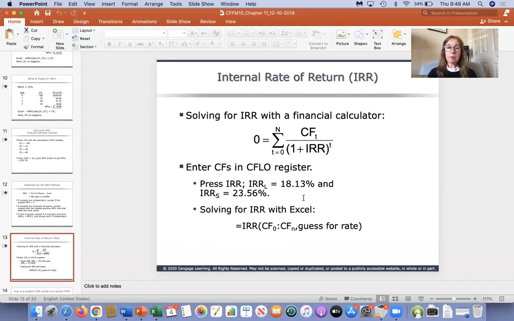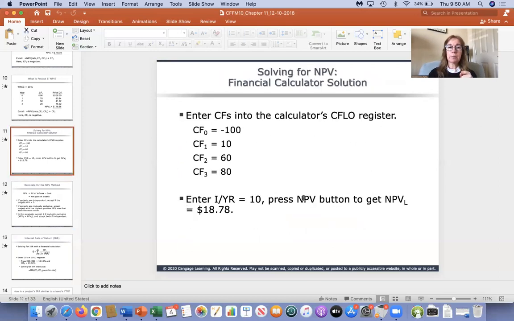Now, there's one problem with the internal rate of return, and that is it's assuming that we have this internal rate of return of 18.13%. Well, when it goes through its calculations, it's assuming that these cash flows are being reinvested at the internal rate of return of 18%. So that really gives you probably a higher number than is warranted, because if you think about it, let's go back and look at these cash flows.